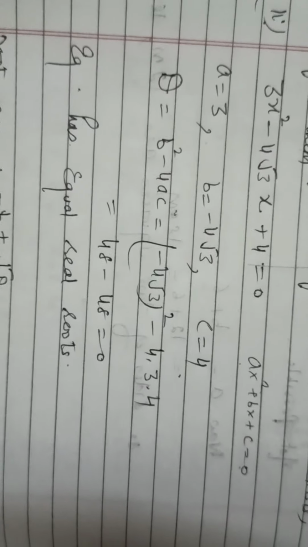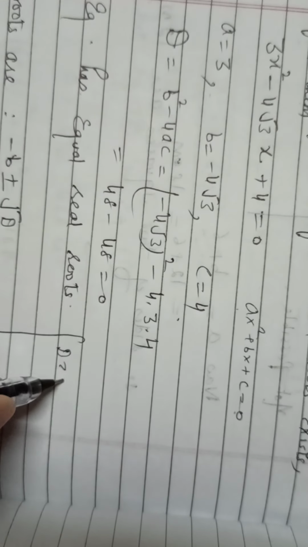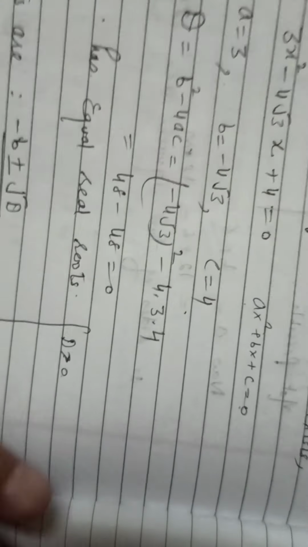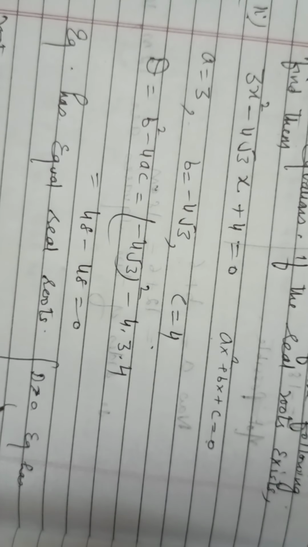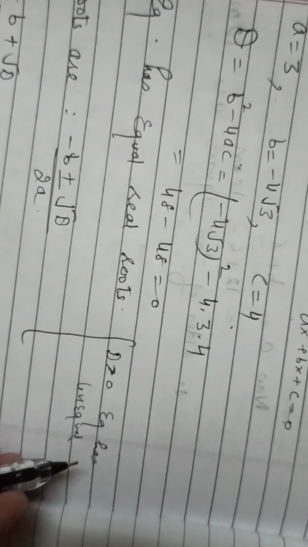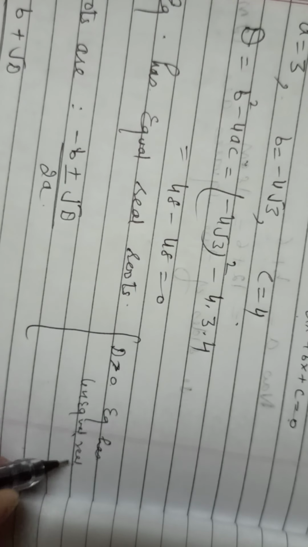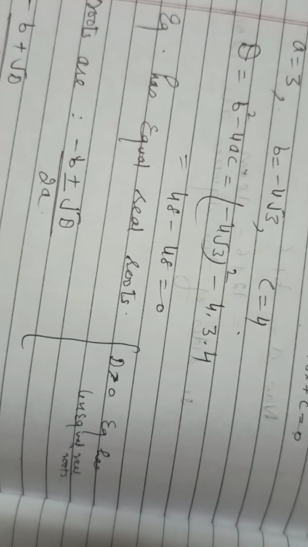I want to make it more clear to you. If d is greater than 0, then the equation has unequal real roots. Clear?